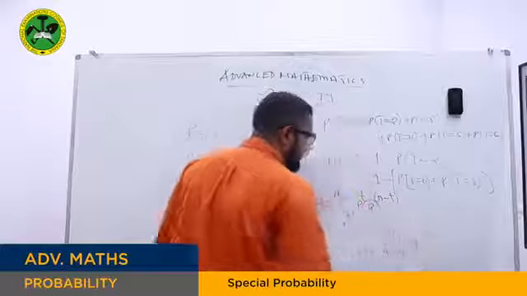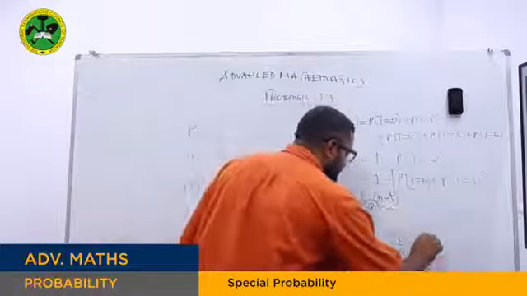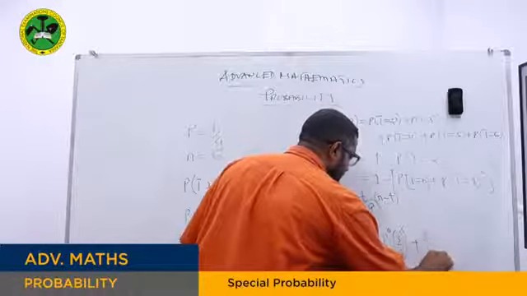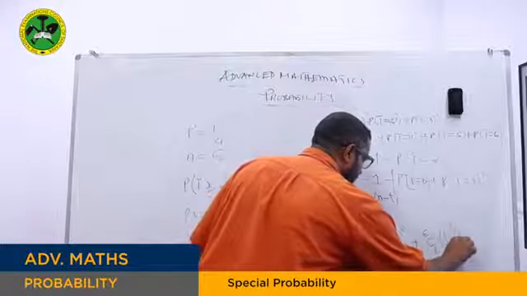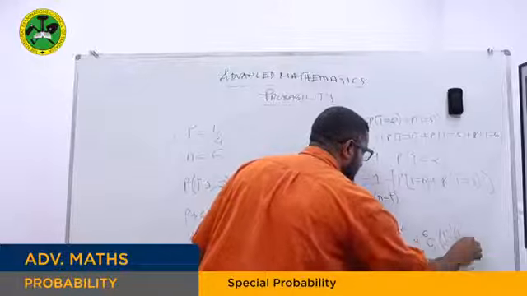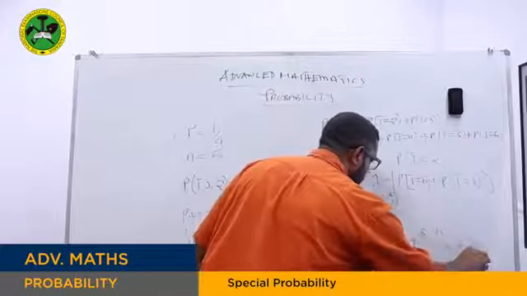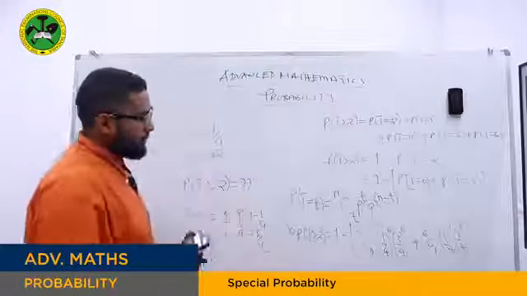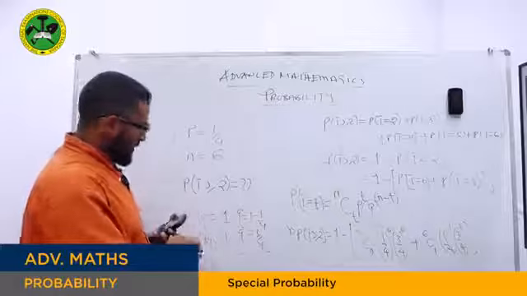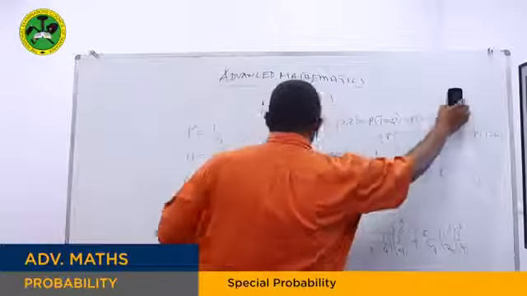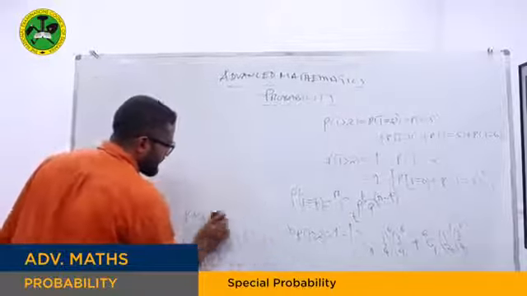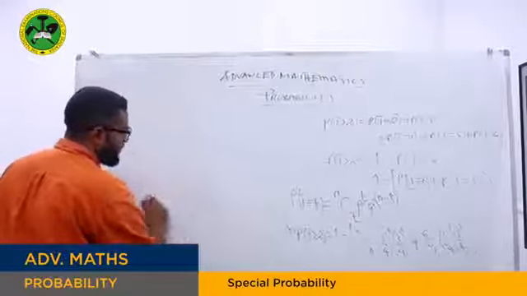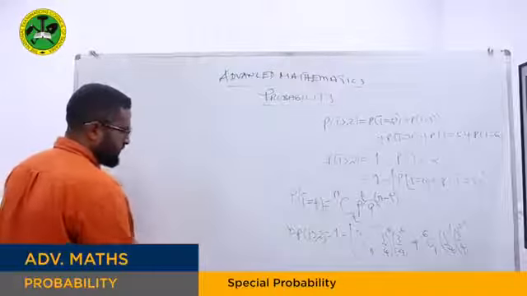Then we add, when t equals 1, 6 combination 1, 1 over 4 to the power of 1, 3 over 4 to the power of 5, because we are doing the subtraction n minus t. Now thereafter, just simplify and write your final answer.